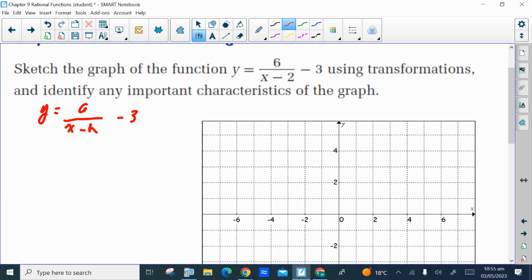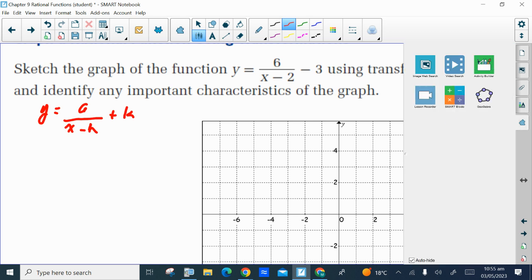Whatever happens to the x also happens to the h. In this case, it's a denominator. So that 2 is an h value. And then the negative 3, and I should have used plus k there instead, the negative 3 is our k value. A k value of negative 3 means the graph is going to shift 3 units down.